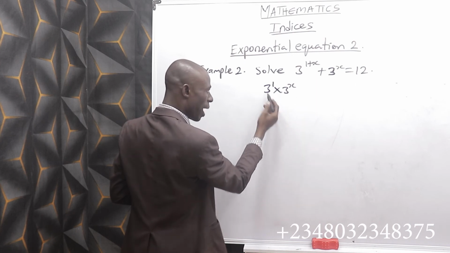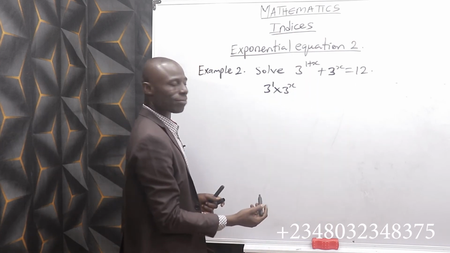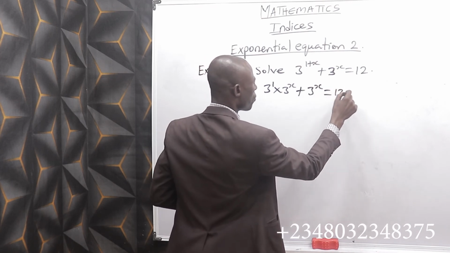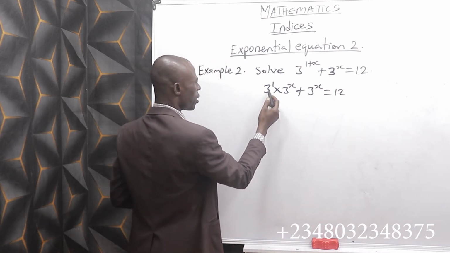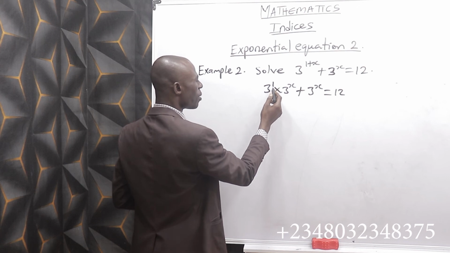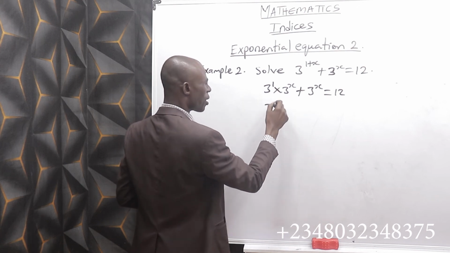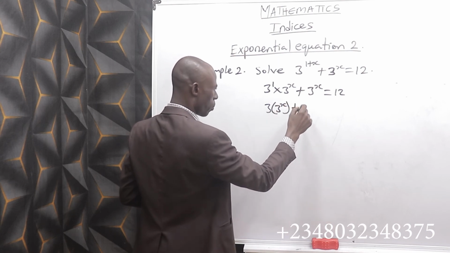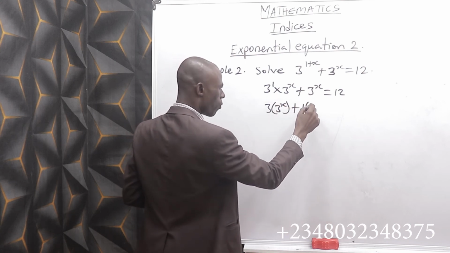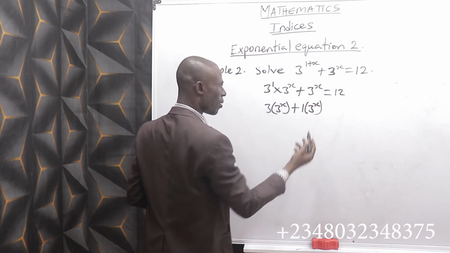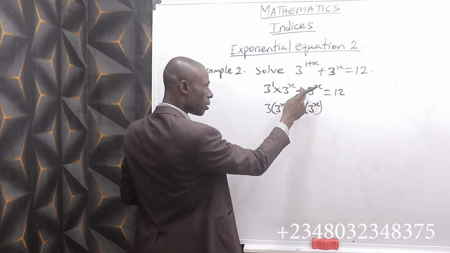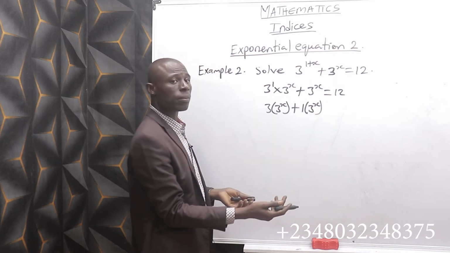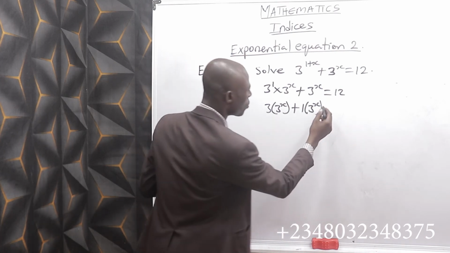Simplifying this will give us this back, plus 3 raised to power x equals 12. 3 raised to power 1 is 3. 3 times 3 raised to power x, we have 3 into 3 raised to power x, plus 1 of 3 raised to power x. Rewriting 3 raised to power x as 1 of 3 raised to power x is the same thing, for more clarification.